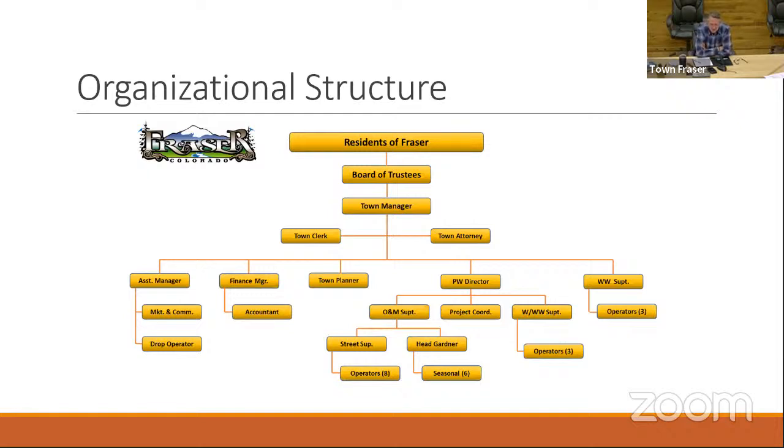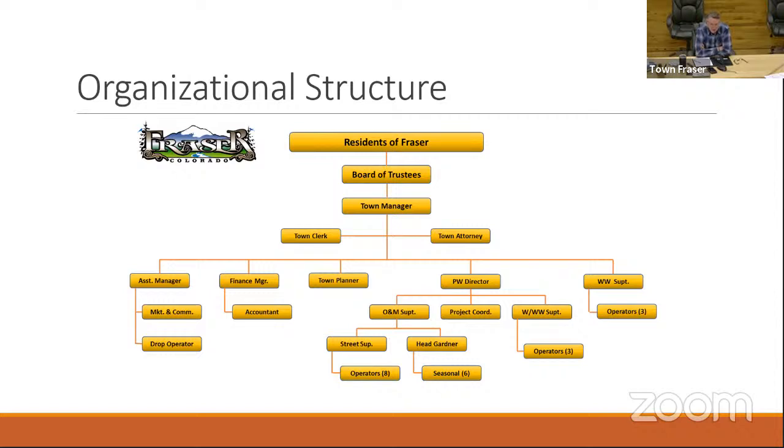As you see, this is the organizational structure of the town of Fraser. Now, the residents of Fraser have overall responsibility, and the Board of Trustees are accountable to the residents of Fraser. They are the check to the power of the legislative function. They exercise this through voting and through electing officers. There's also opportunities if they want to recall or pass referendums.